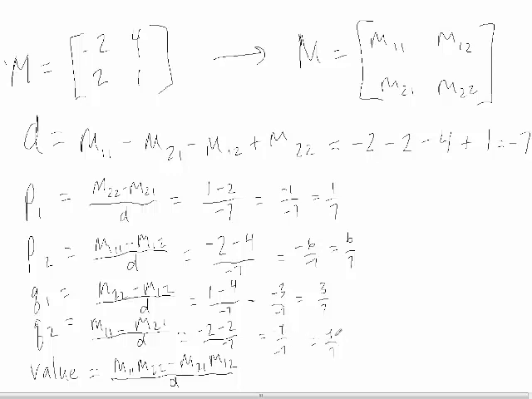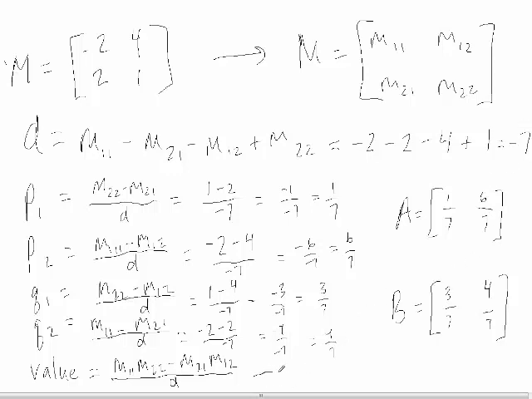And so here we've found the strategies for player A. Player A will choose strategy 1 1/7, 1 out of 7 times, and strategy 2 6/7 of the time, and player B's strategy will be to play strategy 1 3/7 of the time, and strategy 2 4/7 of the time.